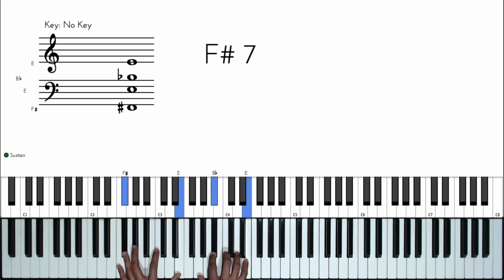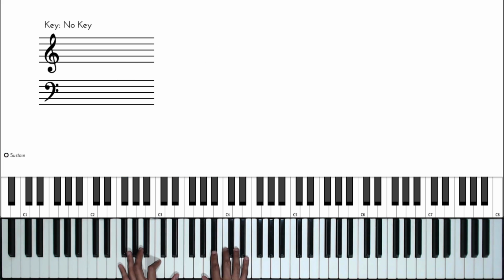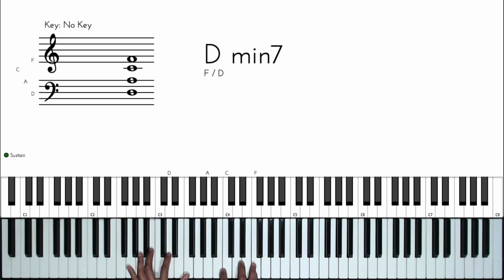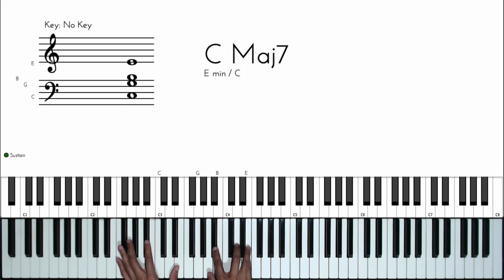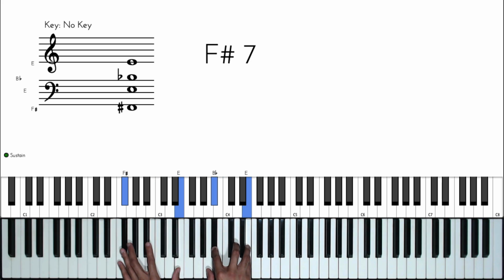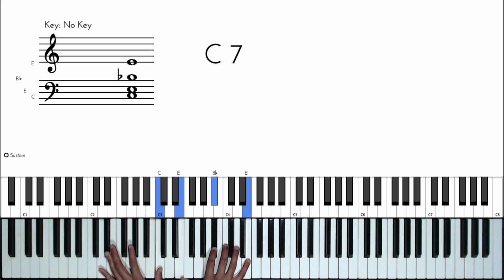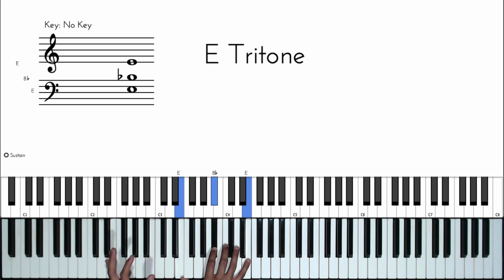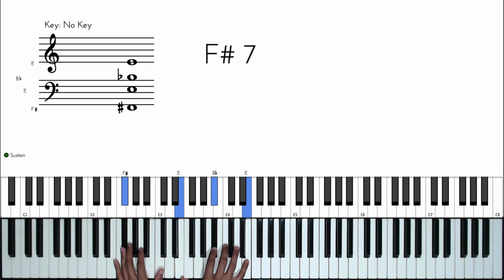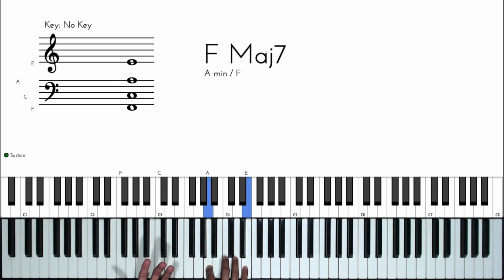Right, so this chord right here is an F sharp 7, and it's actually just a tritone substitution for the previous chord, which was a C. Right, so we played D, G, C, then F sharp 7, and we're basically just, instead of playing a C7, we're changing the C for an F sharp, which is a tritone away. We use it as a passing chord that leads us to the F major 7, and then we continue from there.